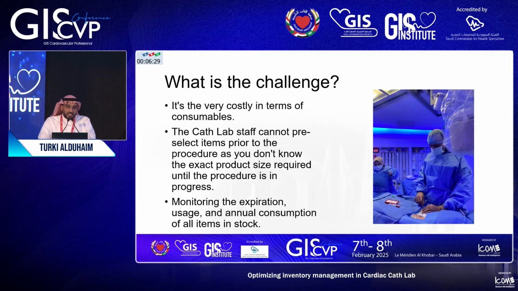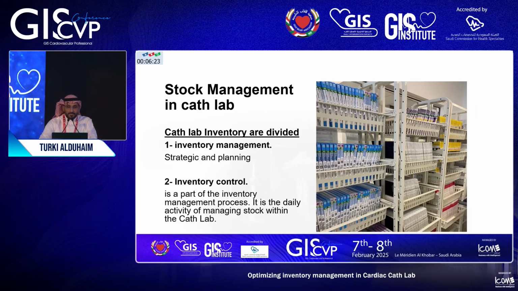Another challenge is that we have to monitor expiry, usage and annual consumption. So is there any way to control it? Yes, with stock management. This is the best way to control things and make sure that you have all 2,500 items existing during the case, and it will be divided into two.